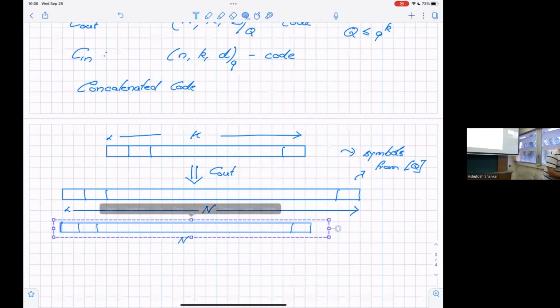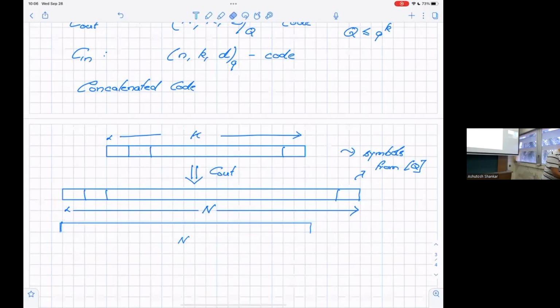You interpret this not as a capital N, you interpret this as an N times small k.